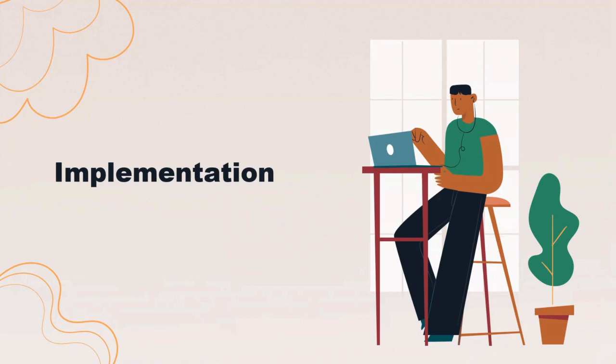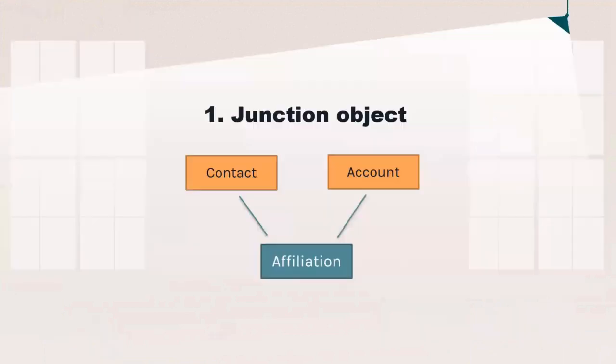There are many things we are doing internally, but because of time, we'll just present the basic architecture of our implementation. So the first and foremost thing was the creation of a junction object. We have a contact, we have an account, and we created a junction object named affiliation.